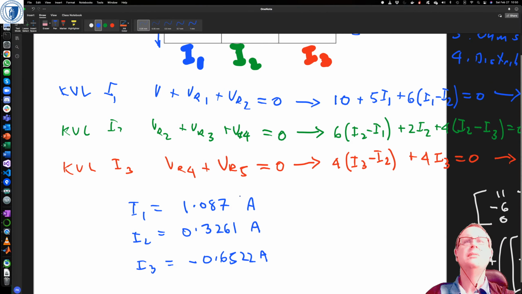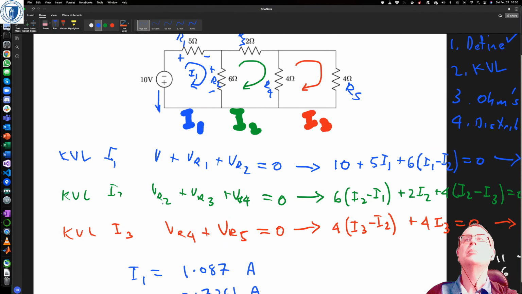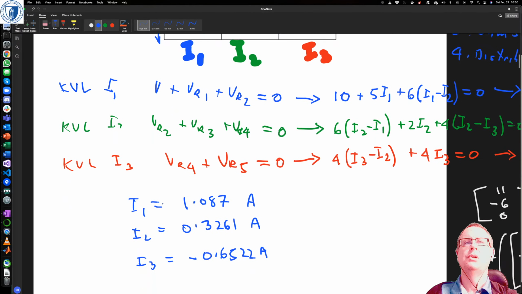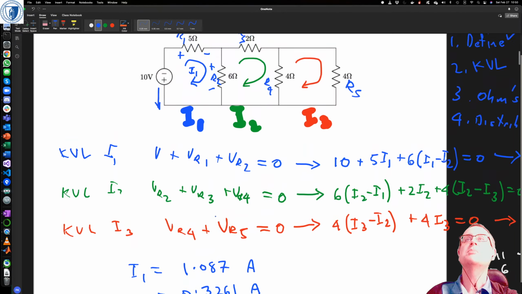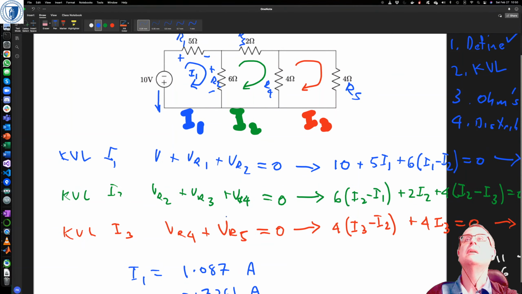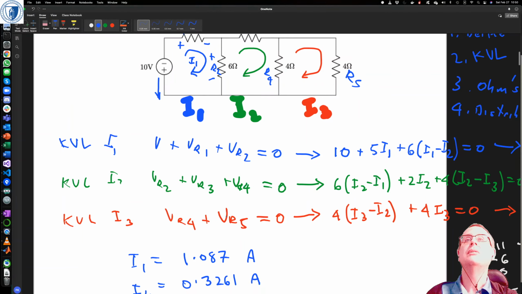And that is confusing me a little bit, because like I said earlier, I was expecting to see a negative current on I1.